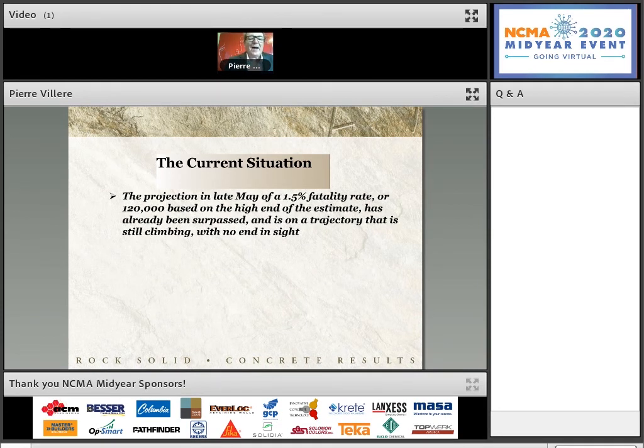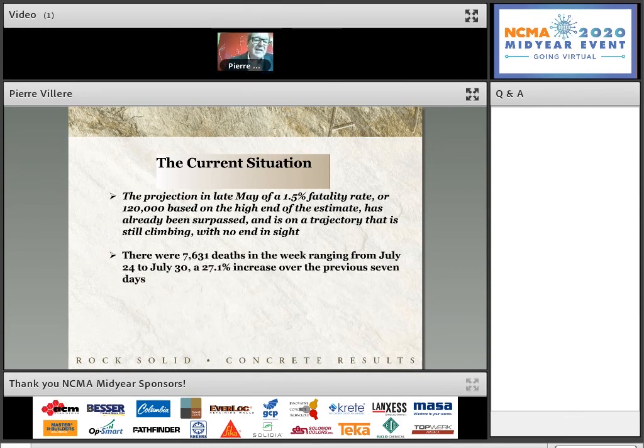The projection in late May of a 1.5% fatality rate, or 120,000 deaths based on the high end of the estimate, has already been surpassed and is on a trajectory that is still climbing with no end in sight. There were 7,631 deaths in the week ranging from July 24th to July 30th, a 27.1% increase over the previous 7 days.